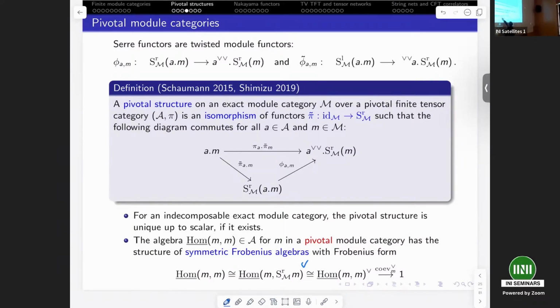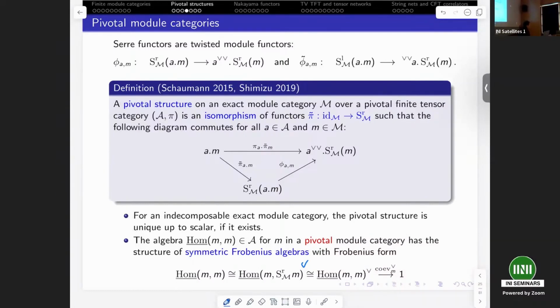This here came from an adjunction. The adjunction has a co-evaluation. So we take the dual of this co-evaluation, and we have a natural morphism into one. That's a Frobenius form in the sense of providing a non-degenerate bilinear form on the algebra.